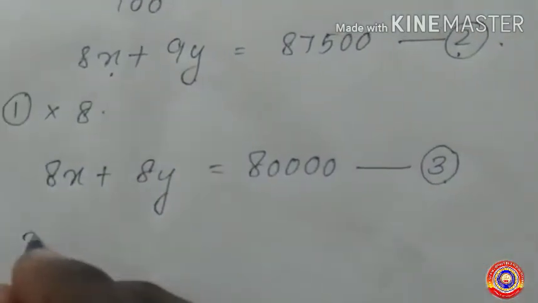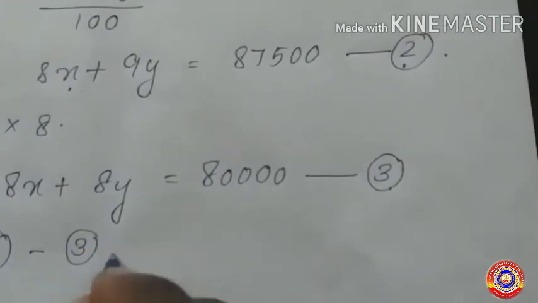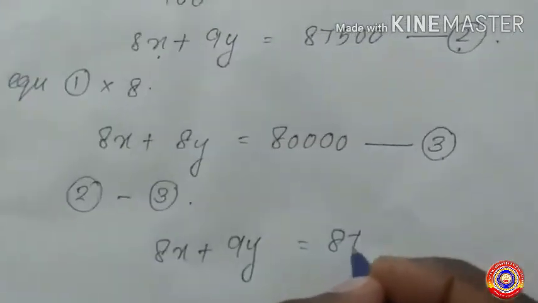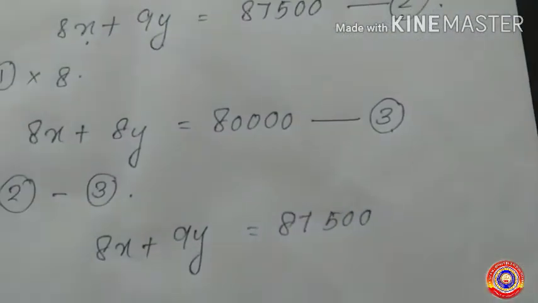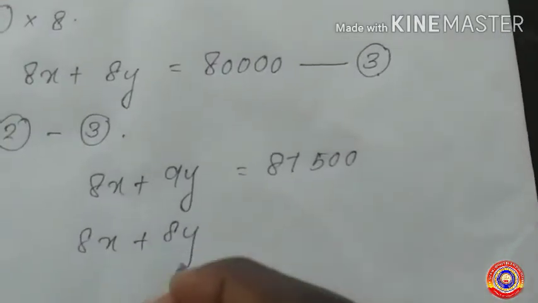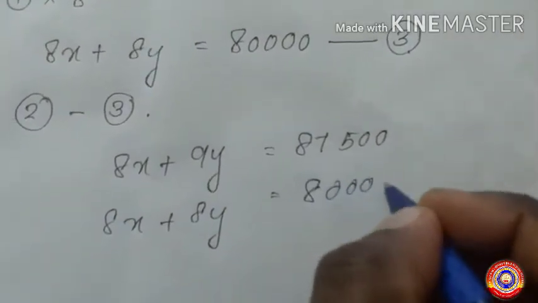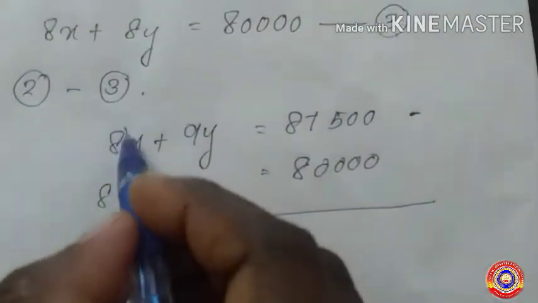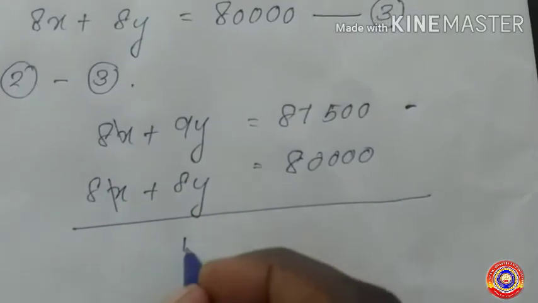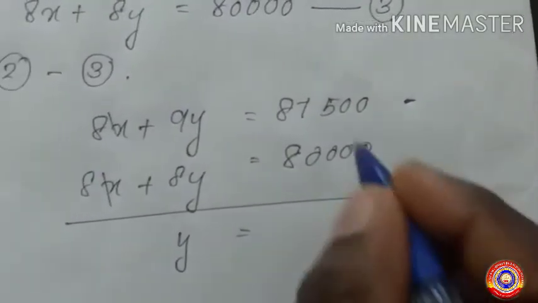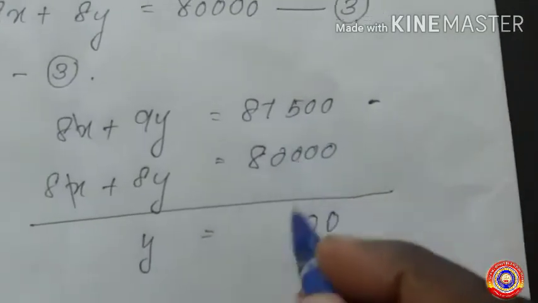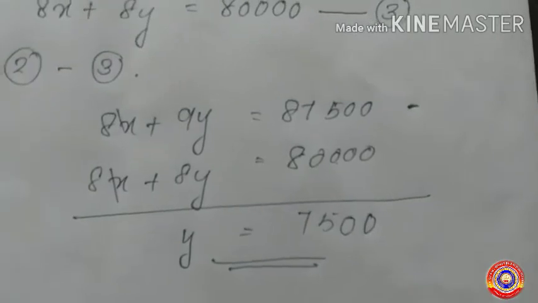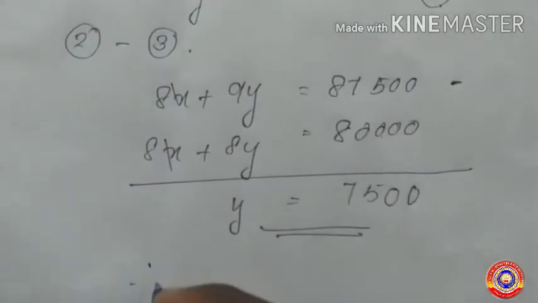Then we have to subtract equation 3 from equation 2. So 8x plus 9y equal to 87,500 minus 8x plus 8y equal to 80,000. 8x minus 8x becomes 0. 9y minus 8y equal to y. 87,500 minus 80,000 gives 7,500. So we got y is equal to 7,500.